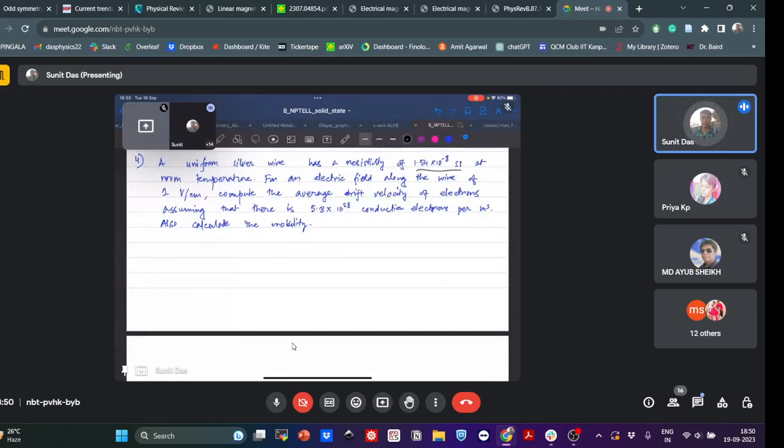In this case the electric field is given, and we need to find the average drift velocity of electrons, given that the carrier concentration is 5.8 into 10 to the power 28 per meter cube, and we also need to calculate the mobility.